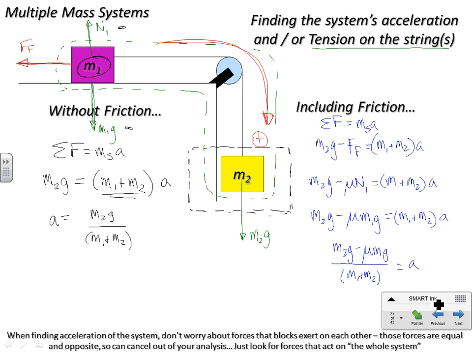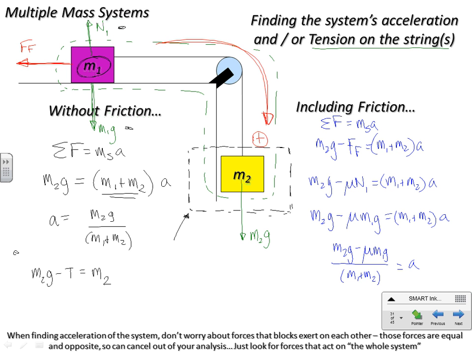For the hanging one, we would say that M2G minus that tension equals M2 only times A. In our little dotted black box here, M2 is the only mass we're looking at when we look at the forces acting on that part.